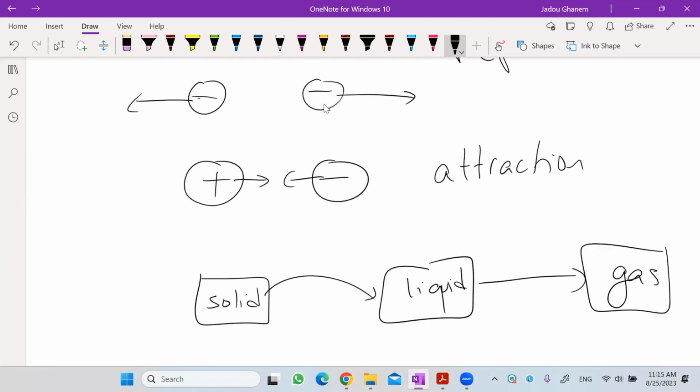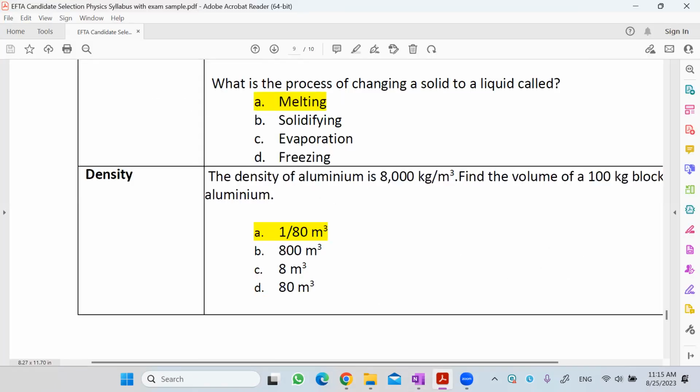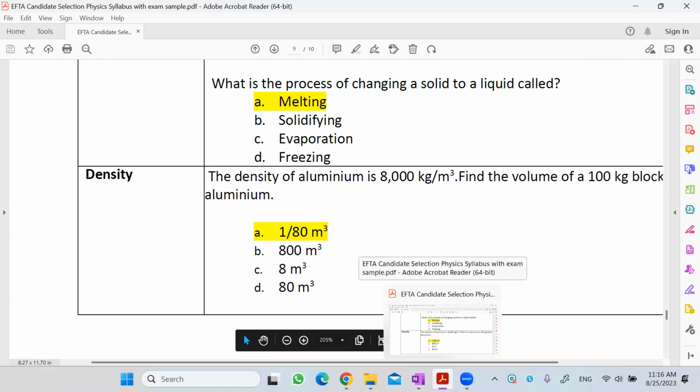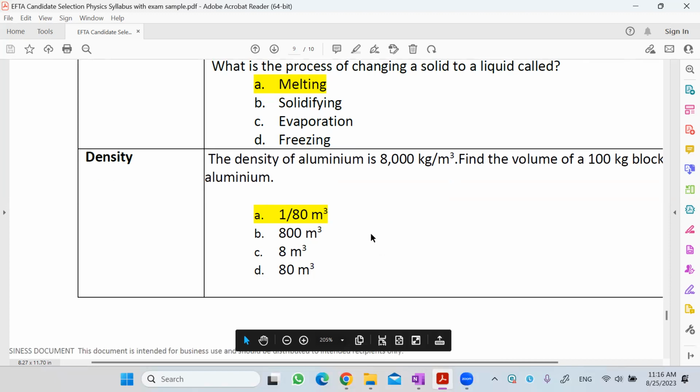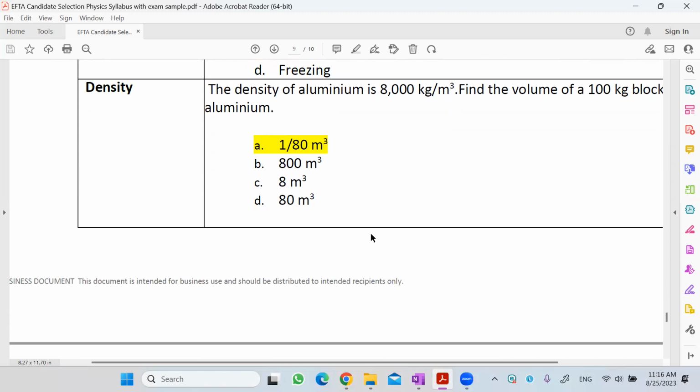We name the last process evaporation, and this one melting. So changing from solid to liquid, we call it melting. Solidifying is the opposite, changing from liquid to a solid. And freezing takes the same meaning as solidifying or solidification. All right? Okay. Let's check this application.